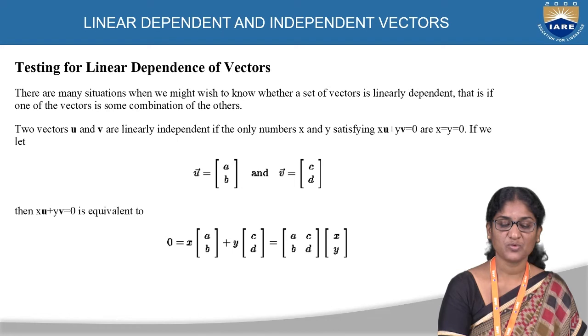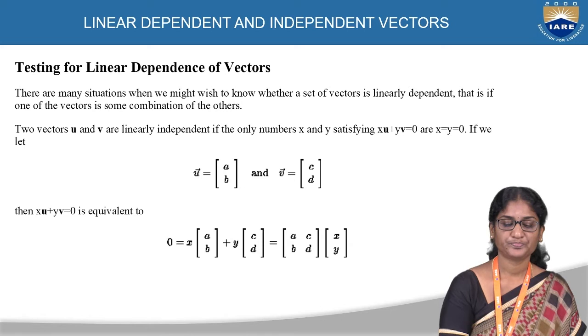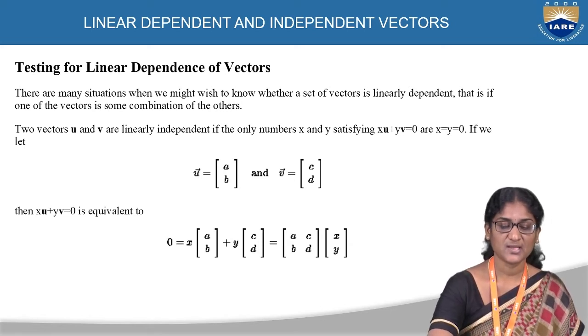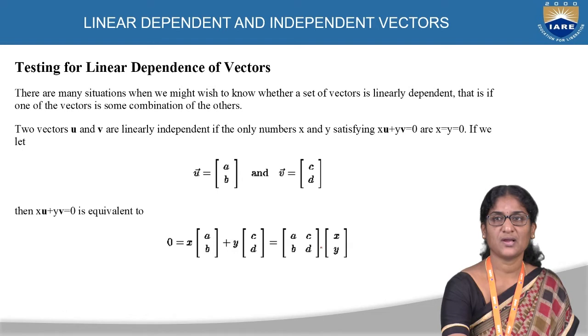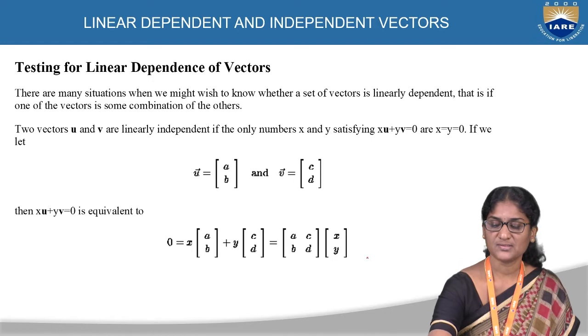Let us suppose that u is the column matrix (a, b) and v is the column matrix (c, d). What I mean to say is that x into the column matrix (a, b) plus y into the column matrix (c, d) should be equal to 0. If you multiply this out, we get two linear equations: ax plus cy equal to 0, and bx plus dy equal to 0.